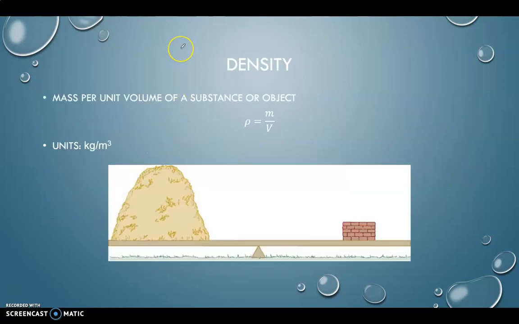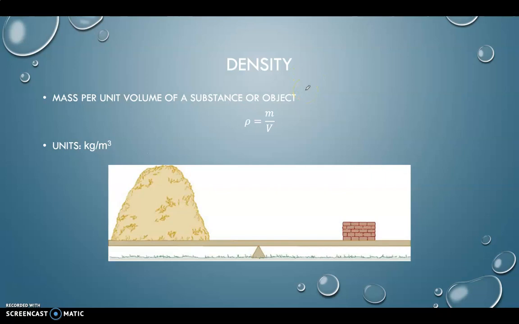All right, the next thing we need to talk about in terms of fluids, or actually anything, is this idea of density. Density is not weight, density is not mass, it's different. Density is the mass per unit volume of a substance or object.